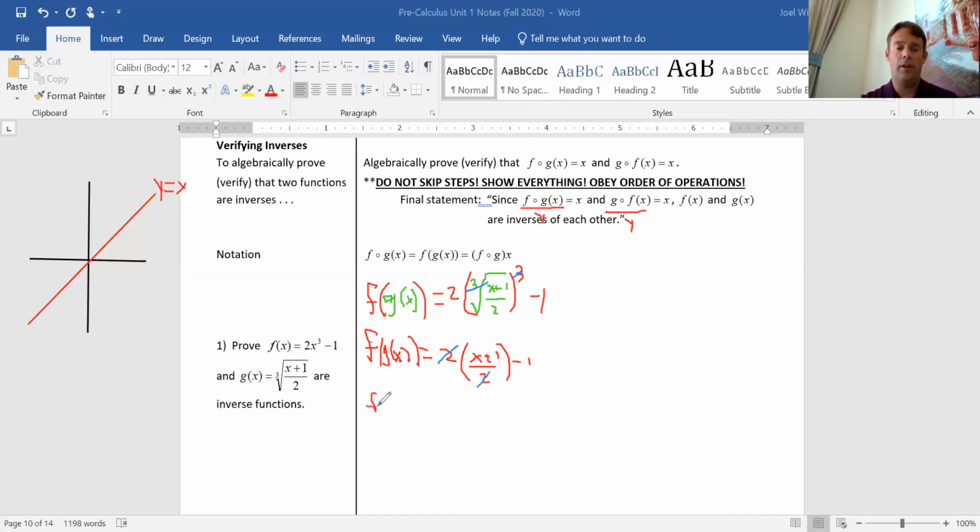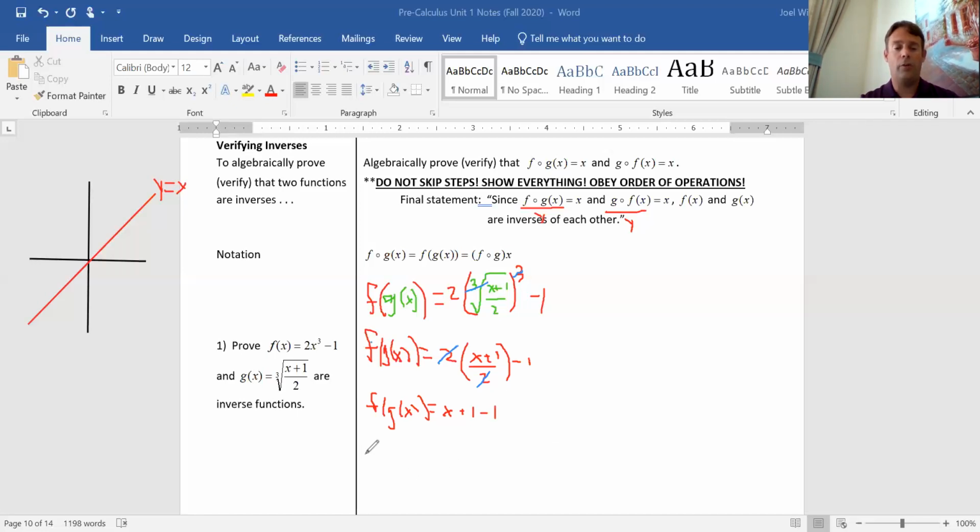Turns out then that f of g of x now equals x plus 1 minus 1.